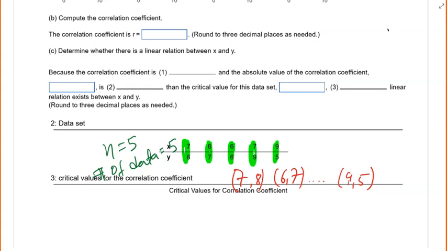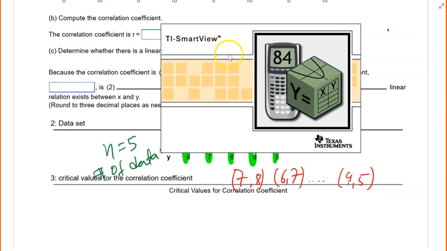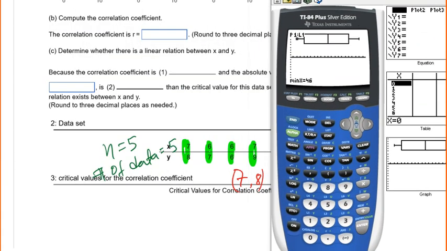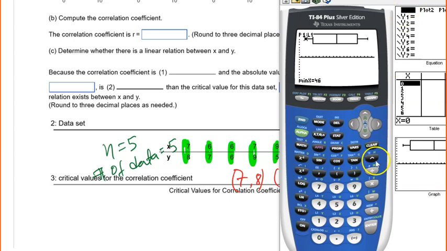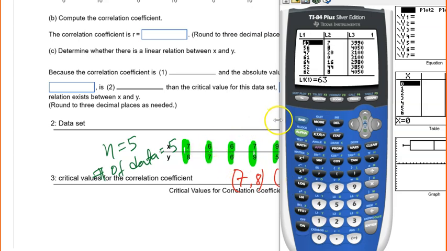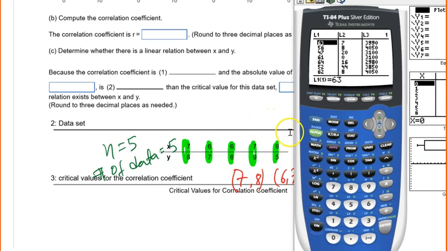Okay, now let's put the data in the calculator. Here's a TI calculator. Now to put the data in the calculator, we do exactly the same thing we did last time. Press stat, press number 1, which is edit, and since I have variables x and y, I put the first variable x in L1, the second variable y in L2.